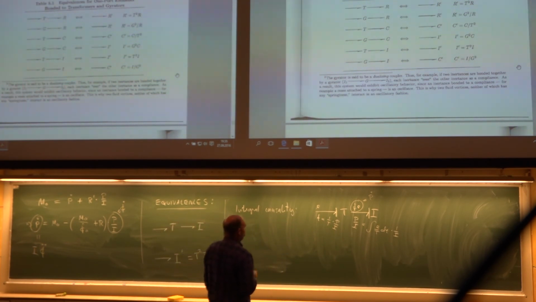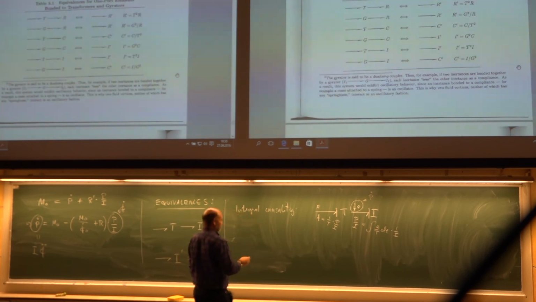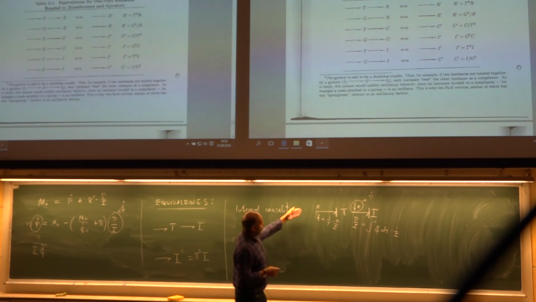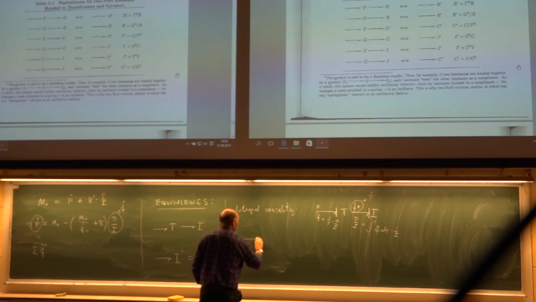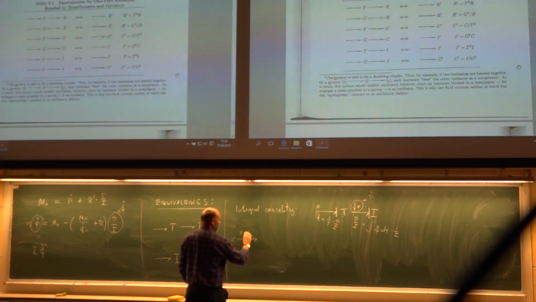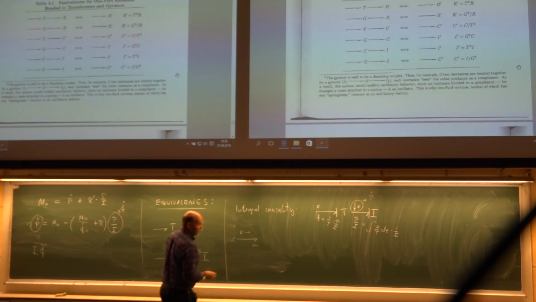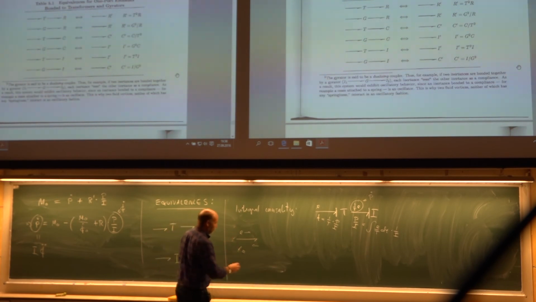So what will then be the equivalence? Well, you send in an effort and you get back a flow, and you get back a flow looking a little bit strange, doesn't it? You send in an effort this way, and you get back a flow, and the flow looks like your original effort.